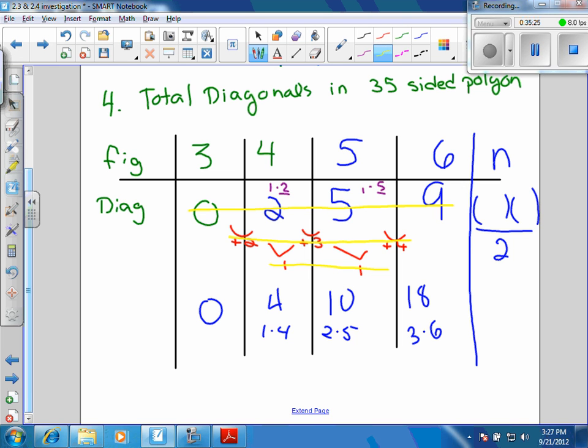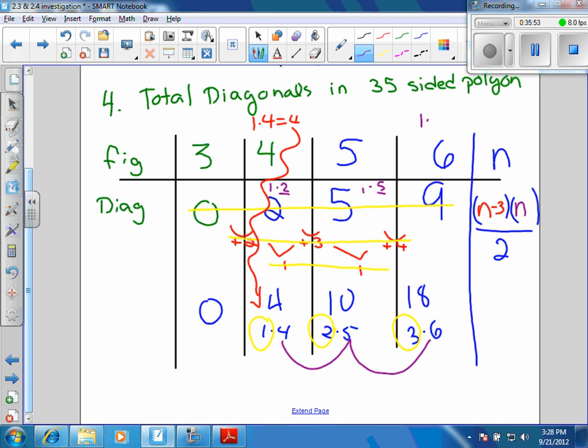Okay, do you guys see a pattern from 1 to 2 to 3? It goes up by 1. The next one goes up by 1. And when I do 1 times 4, I get 4, but I really need a 1. So what do I have to do? Subtract 3. Now do this one. This goes up by what? 1.